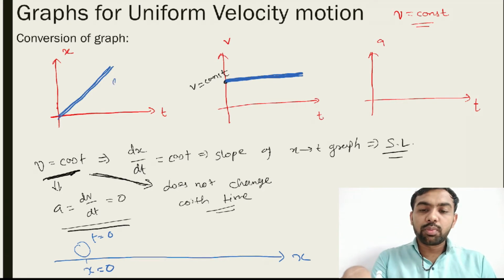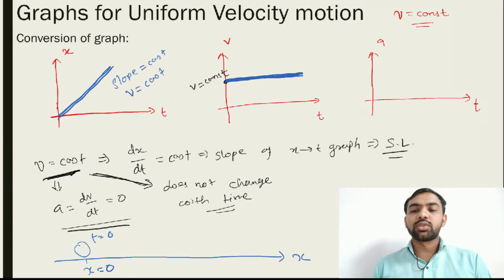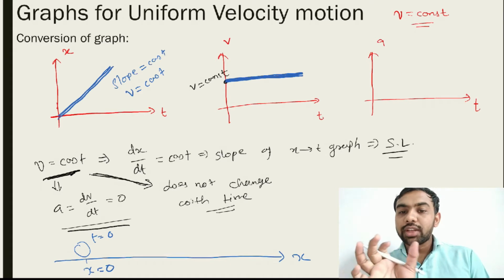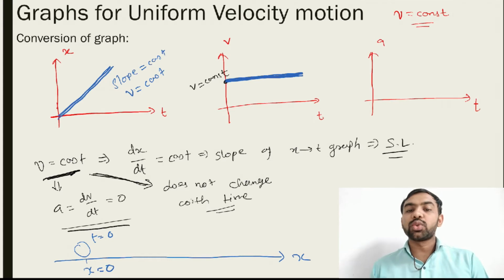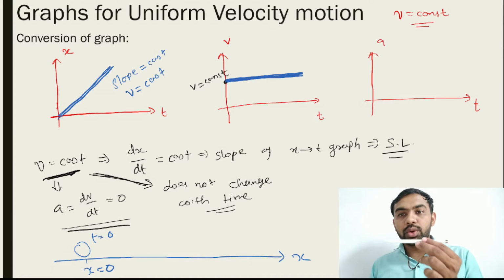See, the slope is constant, and slope constant means v is constant. So both the graphs are exactly the same. The first graph represents x versus t, where you draw the slope, and the second graph is v versus t. If v is constant, then dv by dt is equal to 0. This is a horizontal line. What is its slope? For a horizontal line, the slope is 0.